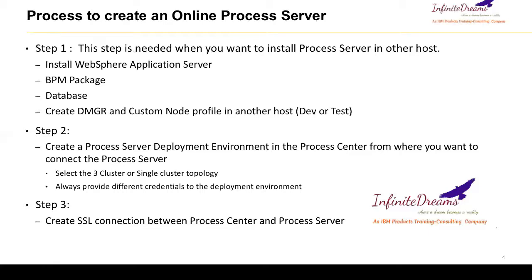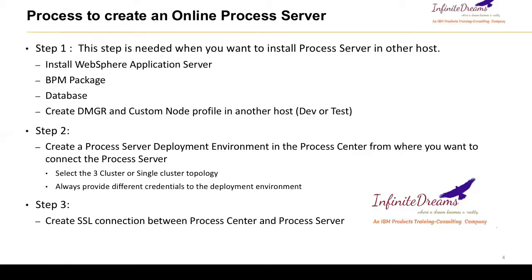Now if step 2 is required, it says to create a process server deployment environment in the process center from where you want to connect to the process server. If you remember, when we were doing the custom installation, we were creating a deployment environment.